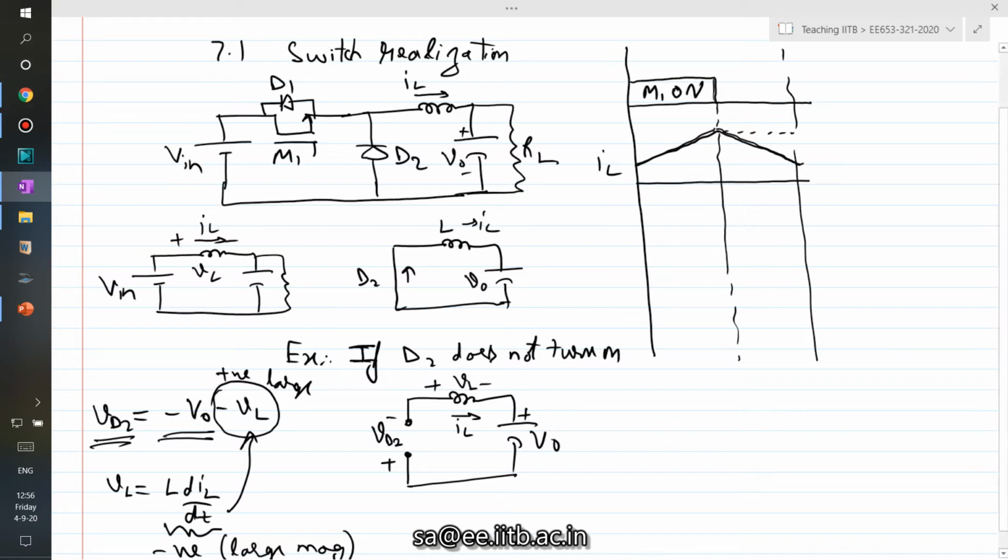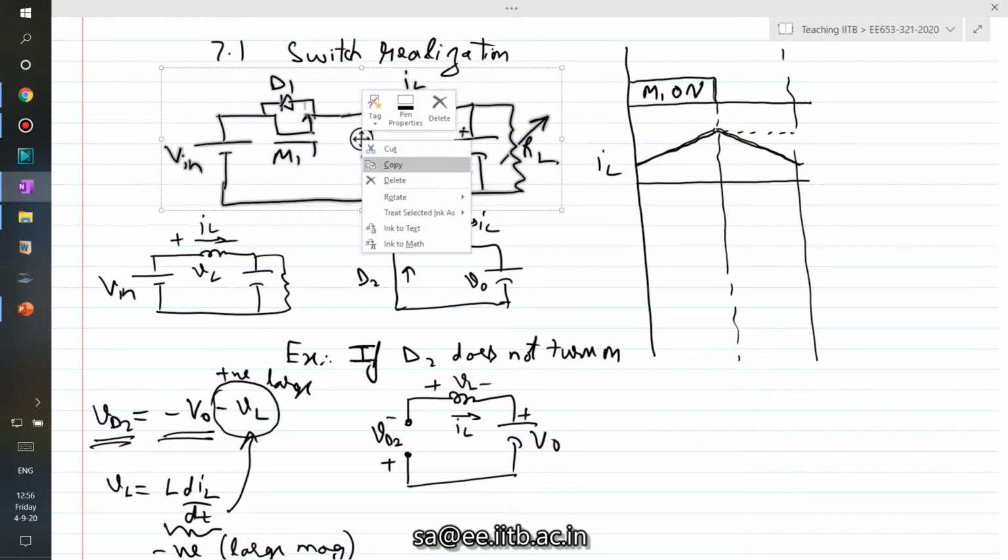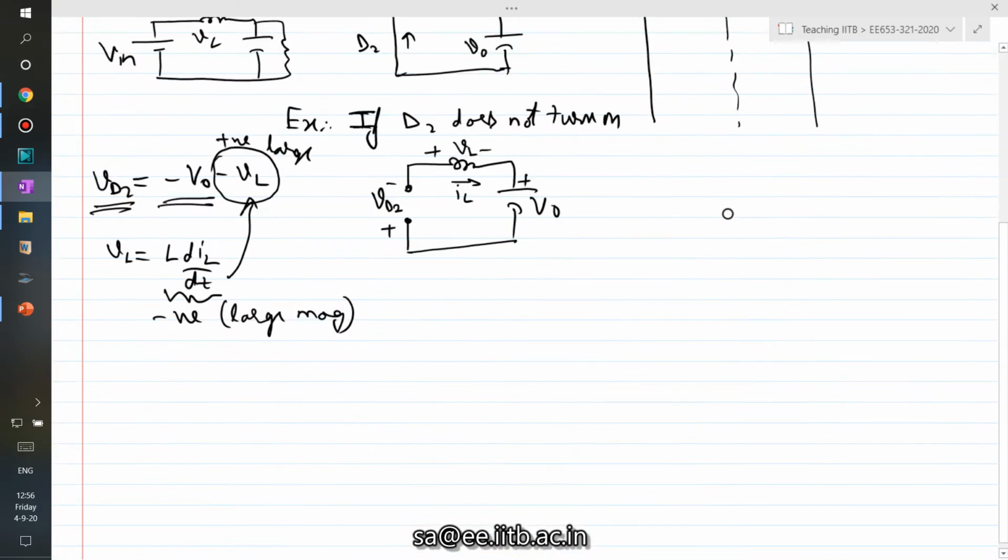All right, now what happens? This circuit is operating, and let's say I slowly start increasing the value of RL. Let me take a copy of the circuit below.